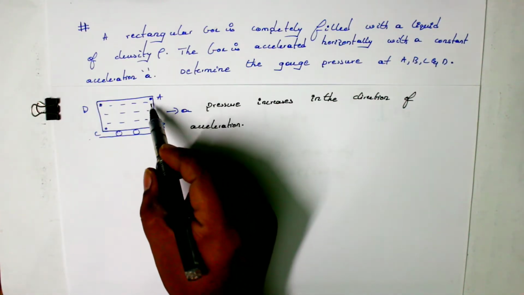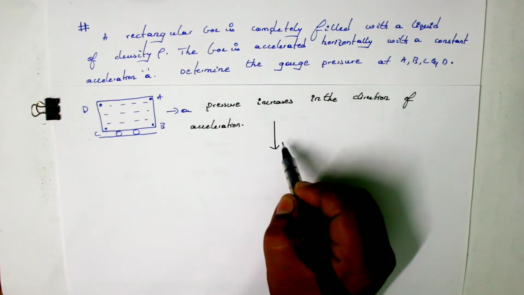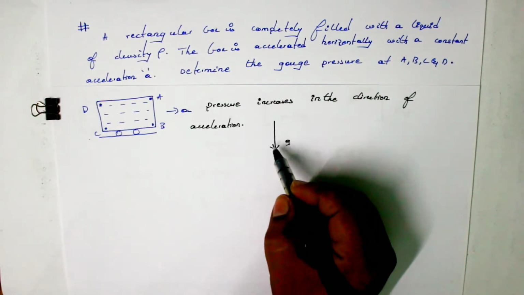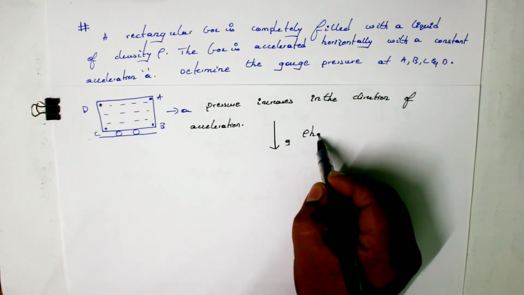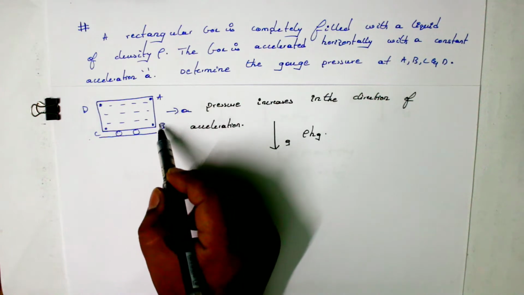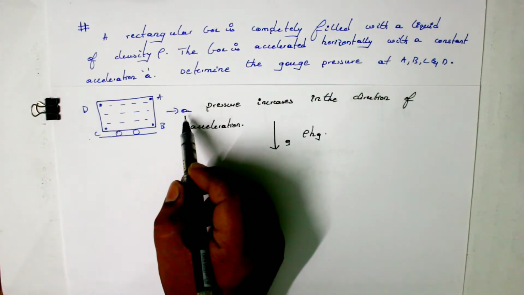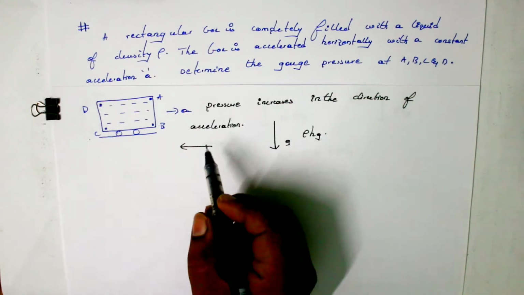As acceleration due to gravity is acting downwards, in this direction pressure will continuously increase according to rho hg. Similarly, if this is the acceleration of the box, then a pseudo force starts acting in this direction.